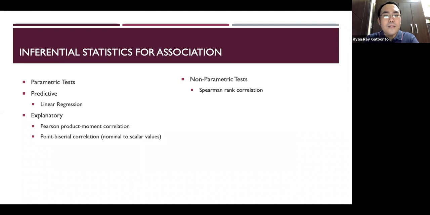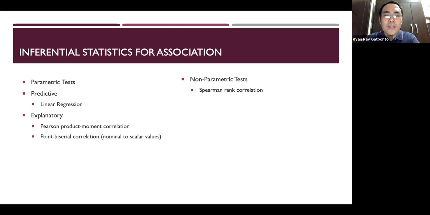Now, there are several tests that we can use to determine the association between your variables. If your variables are at the interval or ratio level of measurement, we can use the parametric tests for association.